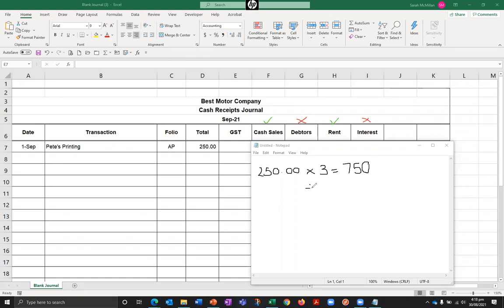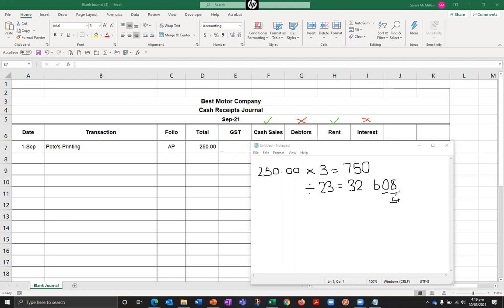We then take that number, 750, and we divide it by 23, which gives us 32.608. Now remember, rounding is extremely important when you're recording in your journals. So if you can remember, the third number will change the second number if it is 5 or higher.